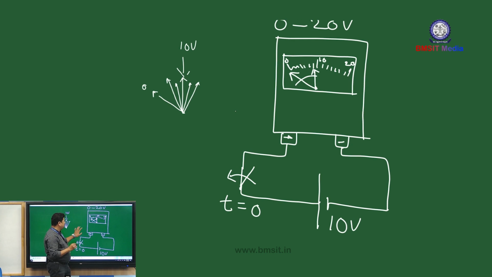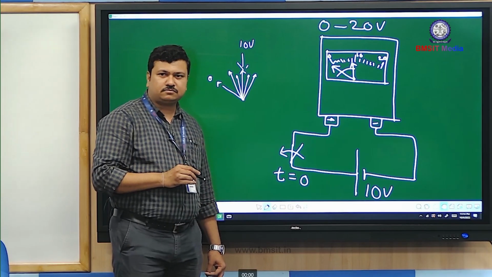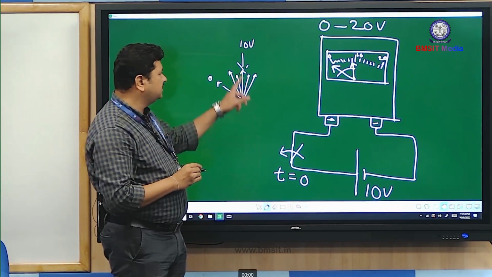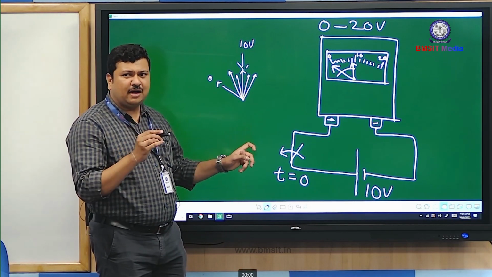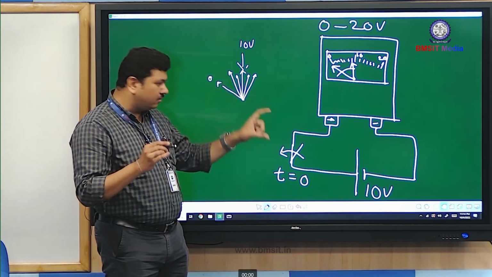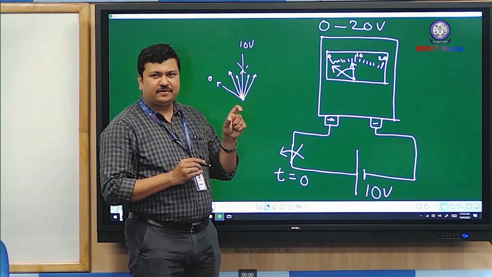So here I have applied 10 volts to the circuit, so the pointer will now show a 10 volt reading. Now the question is, why does this happen? This will not happen continuously. This will happen only when I close the switch, and for a very short period.